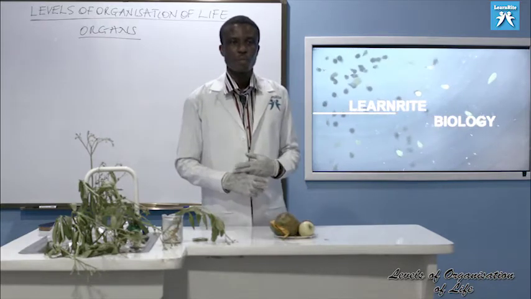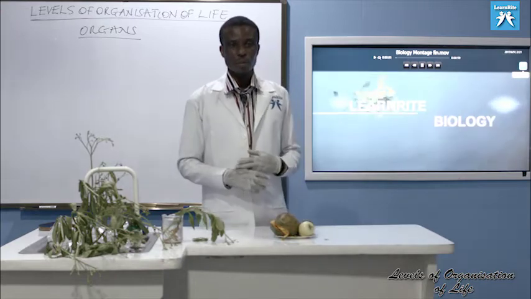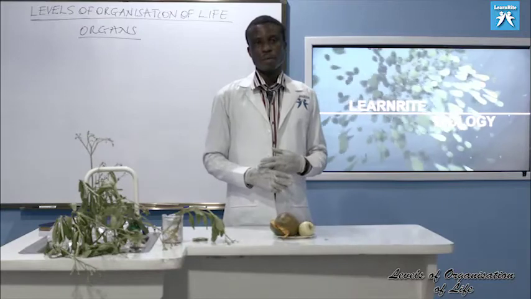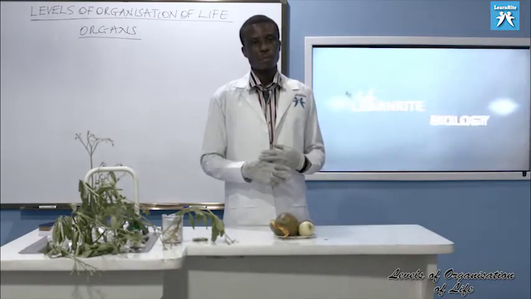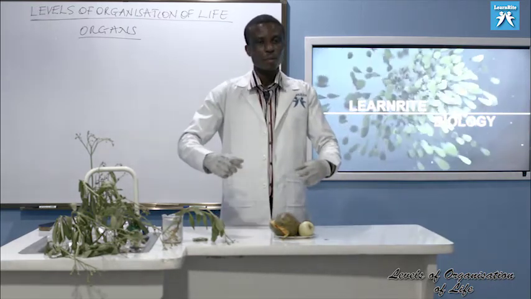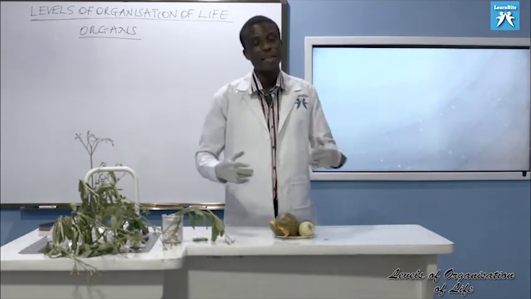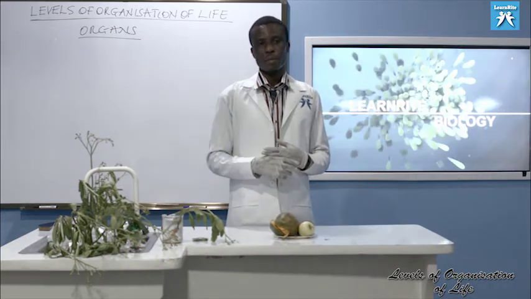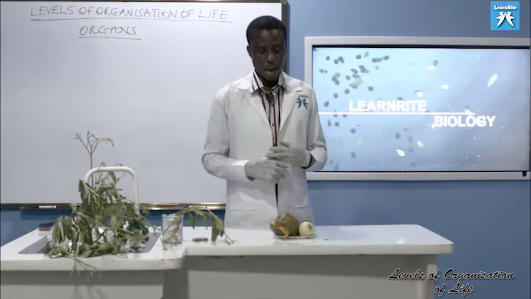Bulb, food storage and vegetative propagation. Rhizome, food storage, vegetative propagation, and what we call perennation. It helps such plants to remain underground for several years. When conditions come back to normal, they grow again to survive adverse environmental conditions. Perennating organ.